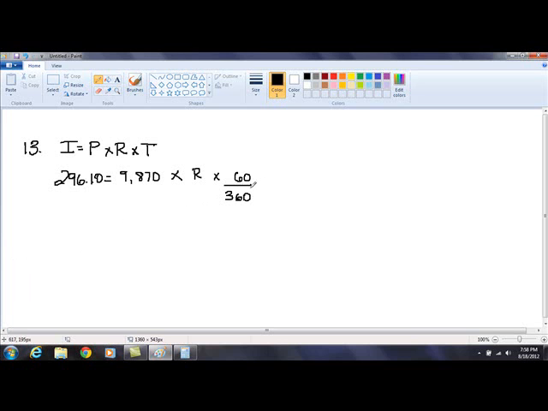I always start at the same place. 360 is currently being divided, so to bring it across, I'll multiply. 60 is currently being multiplied, so to bring it across, I will divide. 9,870 is currently being multiplied, so to bring it across, I will divide, leaving me with R on this side and my equation on this side.